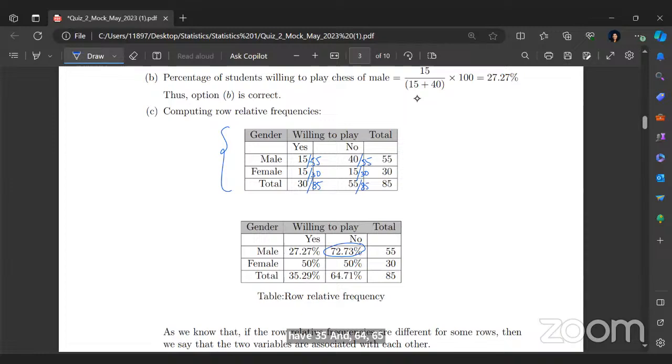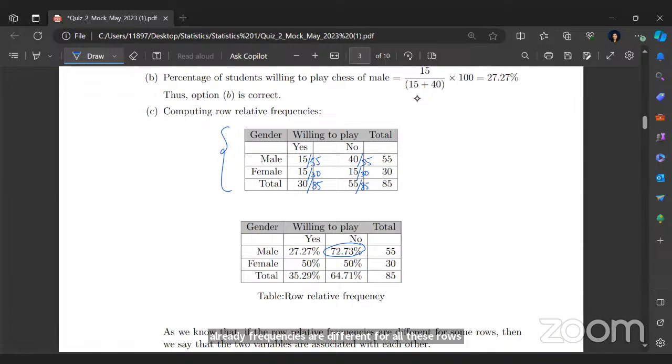So you see all these values, there is no similarity here, right? So whenever something like this happens, we say that there is no association. Sorry, we say there is association, right? Because the row relative frequencies are different for all these rows.